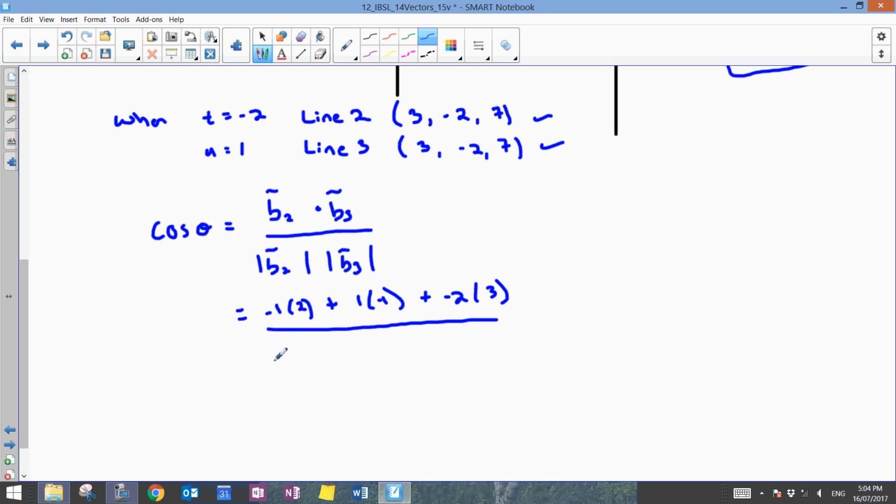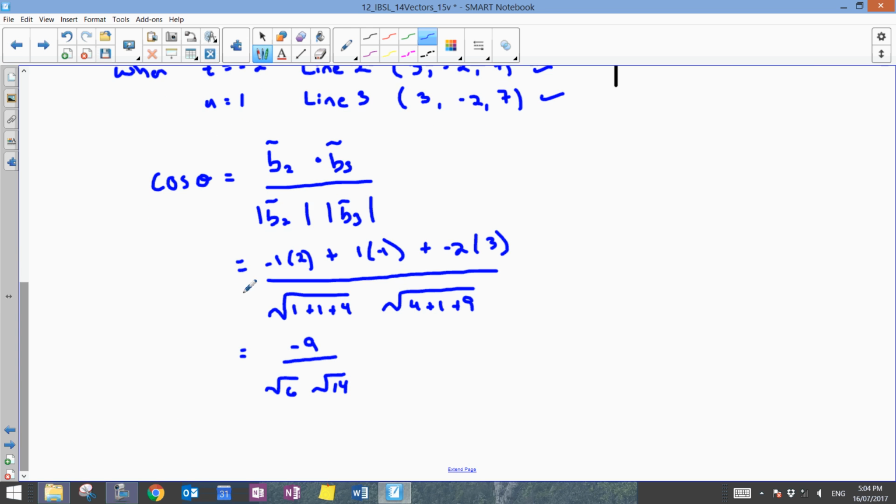And then our magnitude winds up being 1 squared plus 1 squared plus 2 squared, so that's 4, multiplied by 2 squared, so that's 4 plus 1 plus 3 squared, which is 9. So what you guys should wind up with, if you simplify that down, is negative 9 in your numerator, and then the square root of 6 and the square root of 14 in your denominator.